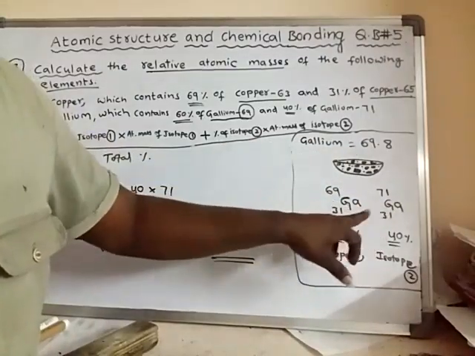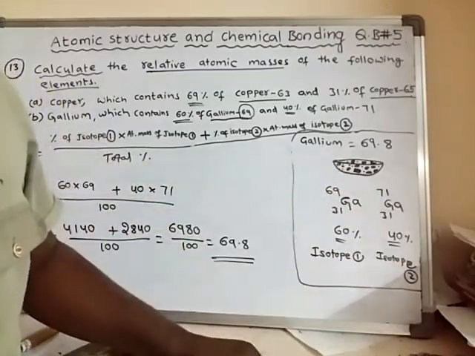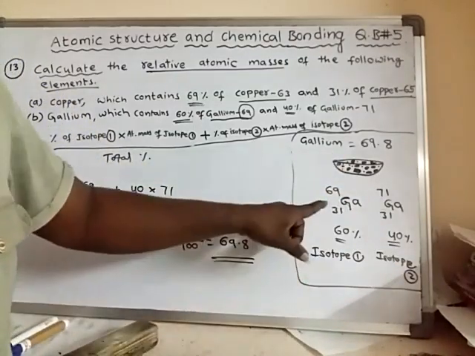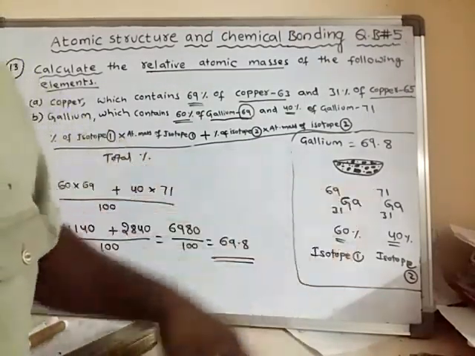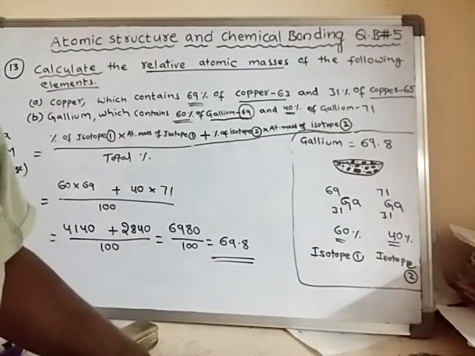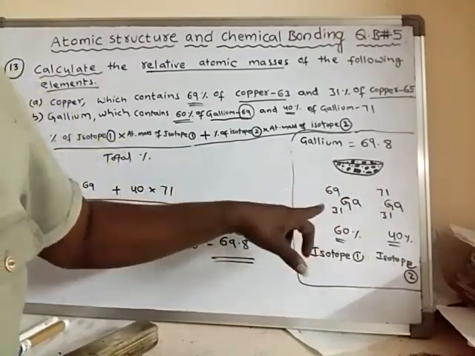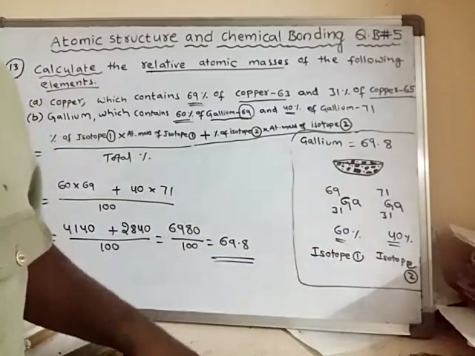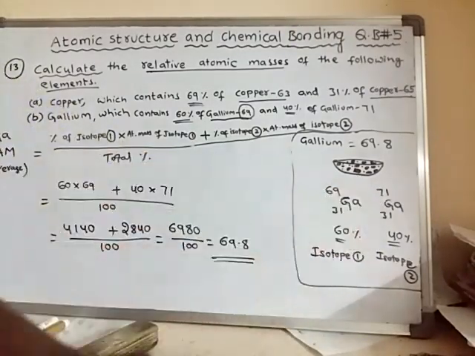When more than one type of atom of the same element is present, we cannot take the atomic mass of any one atom. We have to consider the atomic mass of all the atoms of that same element, and only then express the atomic mass.